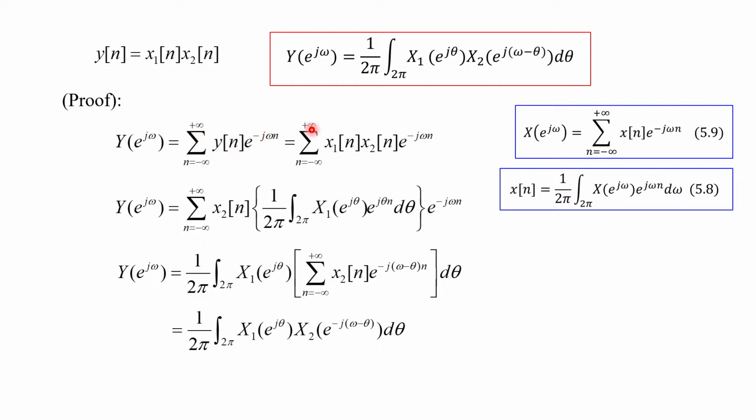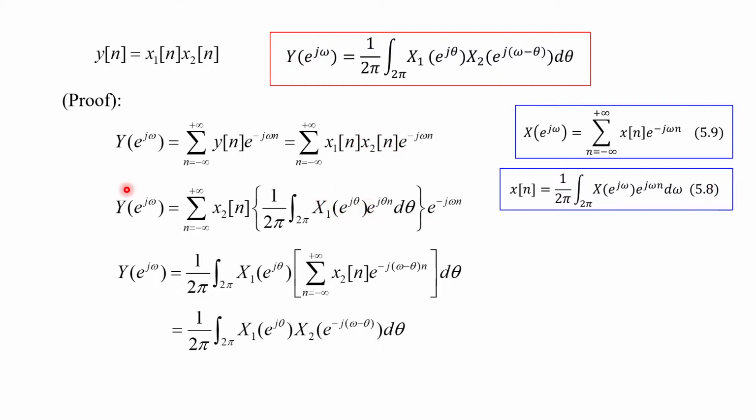And then we can break our small y into x1 and x2, because by definition it is the multiplication of x1 and x2. Then we break our x2 into the integral of the Fourier transform with this 5.8. Oh, sorry, the other way, although that doesn't really matter. So we break x1 as this integration of big X1.